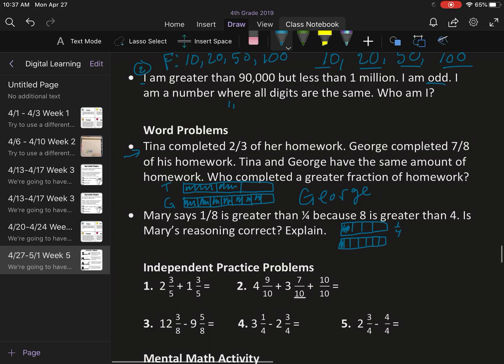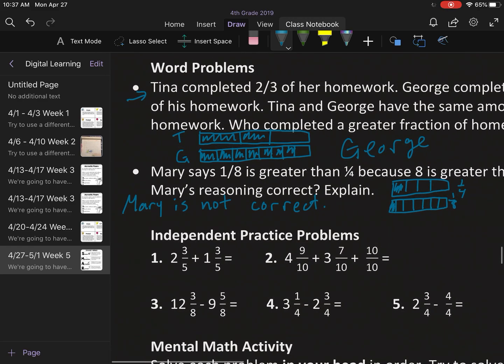So we could use this model as an explanation. We could also write in a sentence. Mary is not correct. Why? Well, they each have 1 piece. But the 1/4, oops, and I put 1/4 fourth.